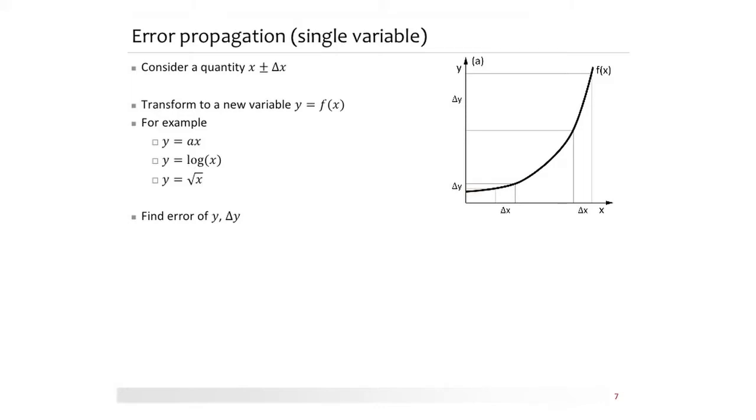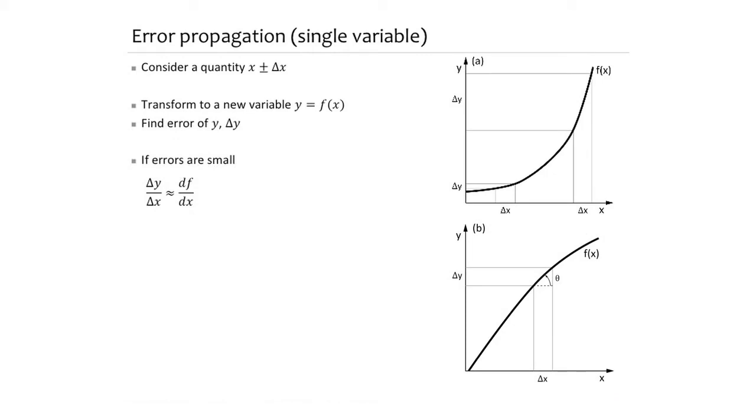When this transformation function is steep like this, then the same variability in x will cause much higher variation in y. So you can immediately see intuitively how it works.